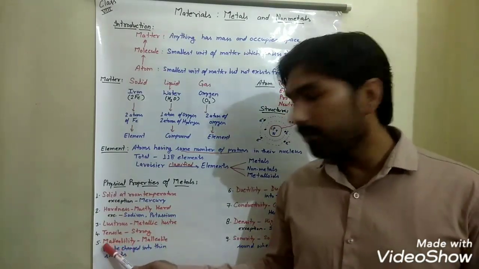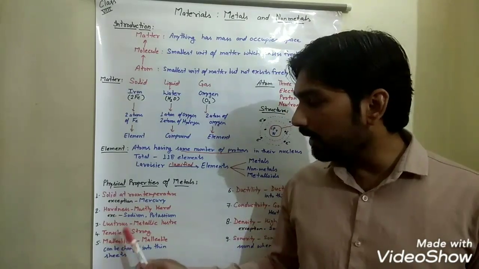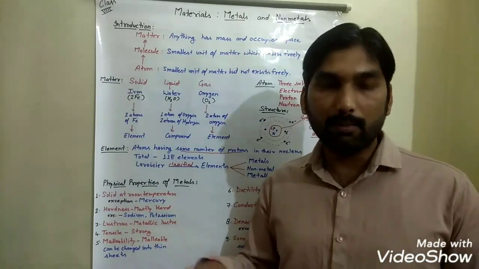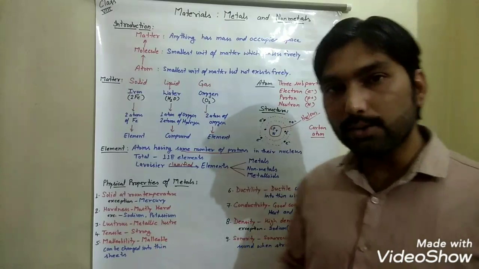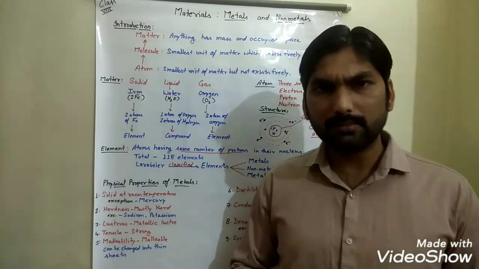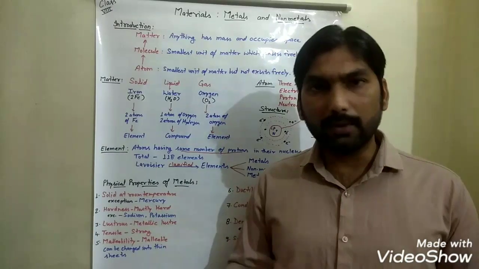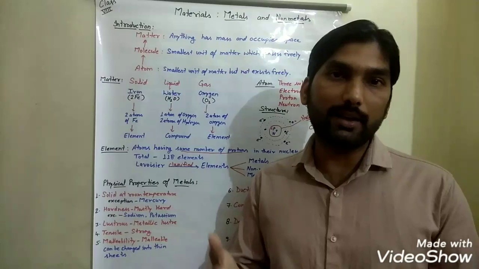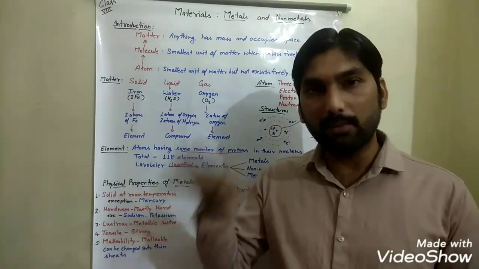Next feature is what? Malleability. Malleability is a property in which a substance can be changed into thin sheets by hammering it. All the metals are malleable, as you have seen with iron or even silver, you have seen silver foil. Silver foil is a thin sheet of the metal silver, and you have seen how thin these sheets can be made by hammering.